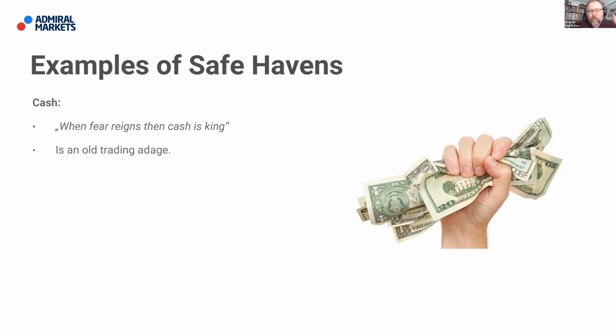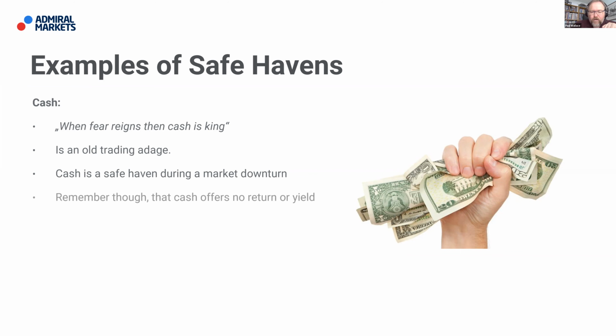Where fear reigns, cash is king. So cash is initially deemed to be a safe haven during a market downturn. Better to be on the sidelines in cash than in a bad position in a very volatile stock, asset, or instrument.